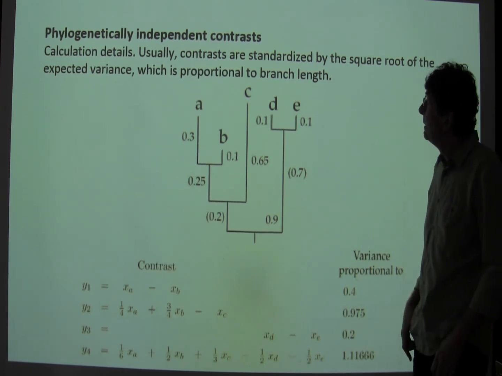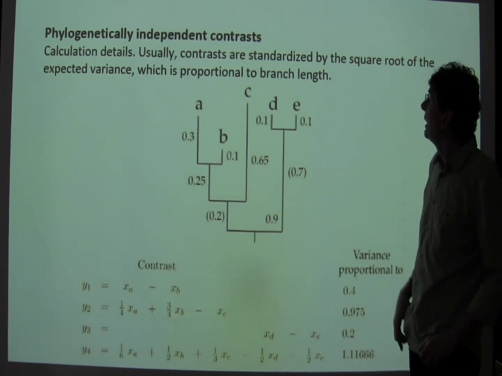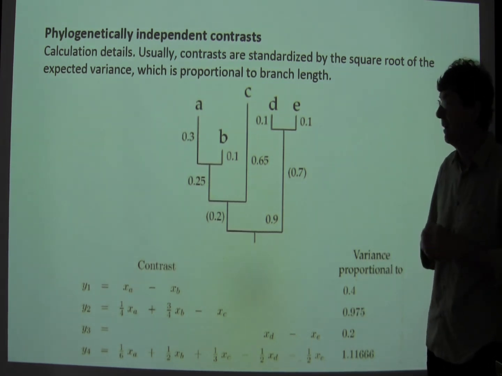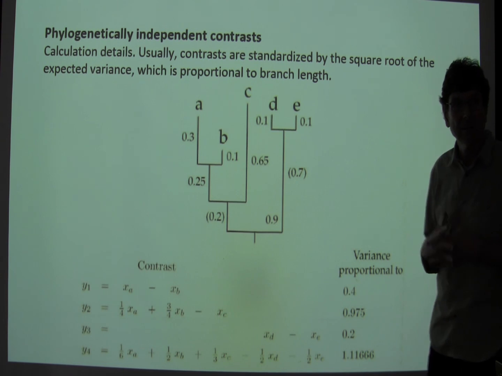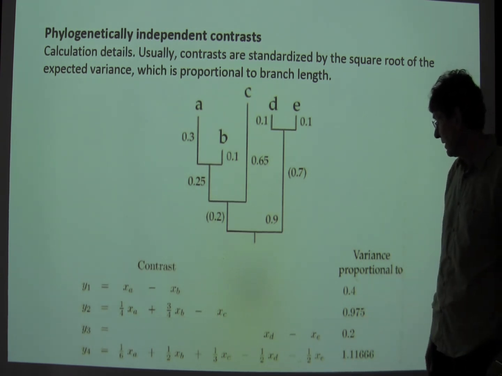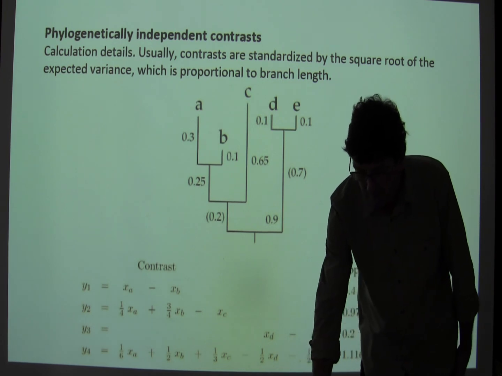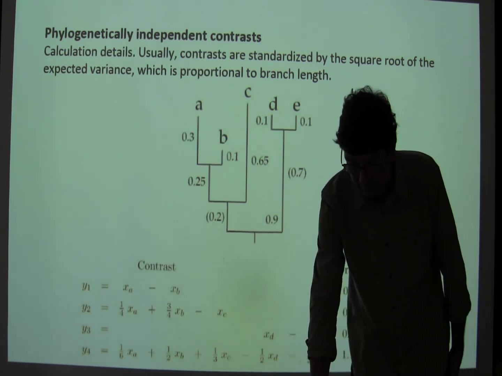And that these independent contrasts can be standardized by dividing the contrast by its expected variance. And so Felsenstein showed how you could do this using all the data on the phylogenetic tree.